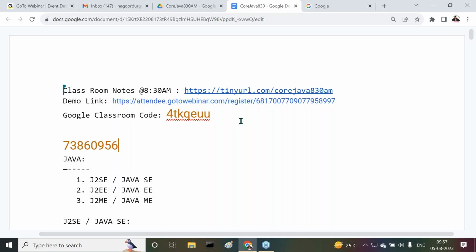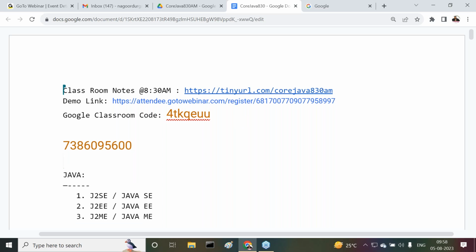Just contact this number, then we are able to get the support from our admin people. Okay. Yeah, Avinash, please type your message.